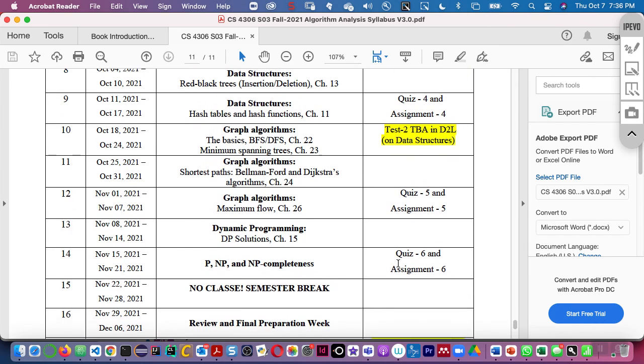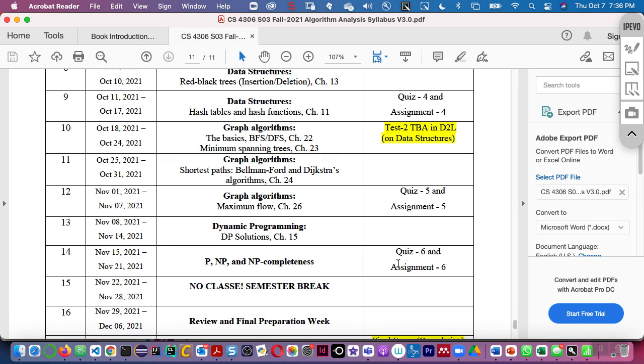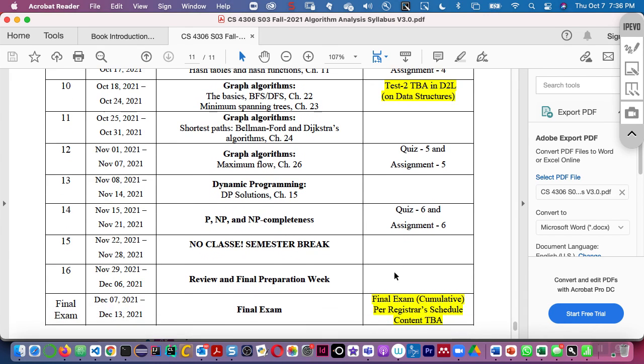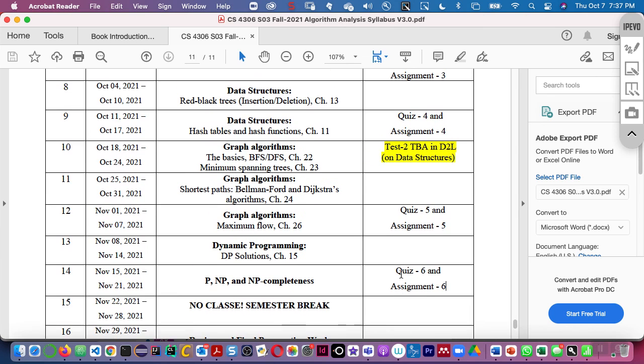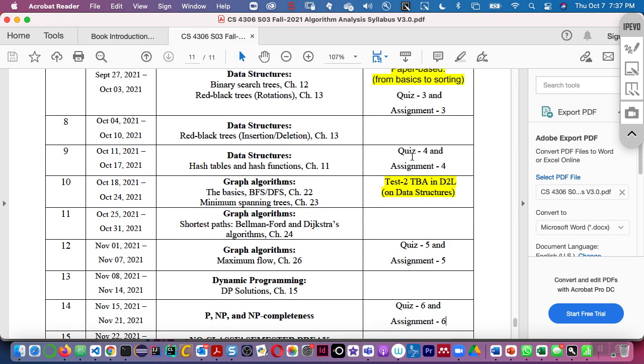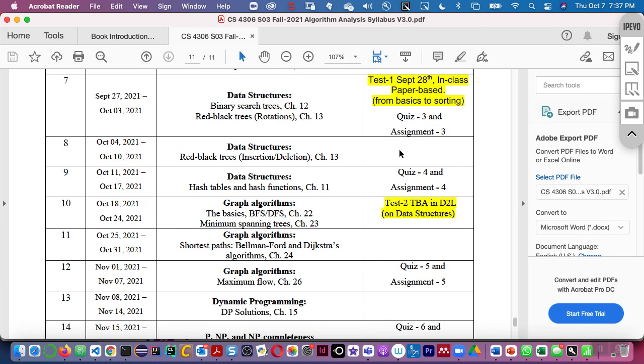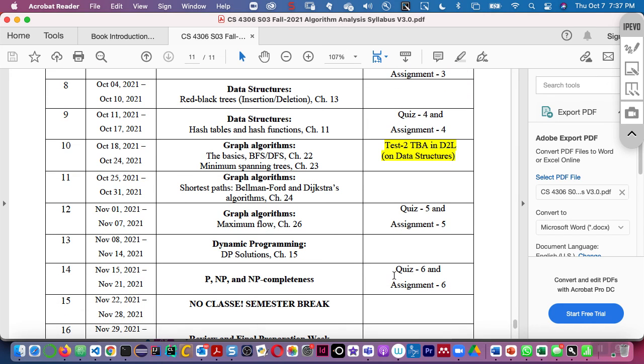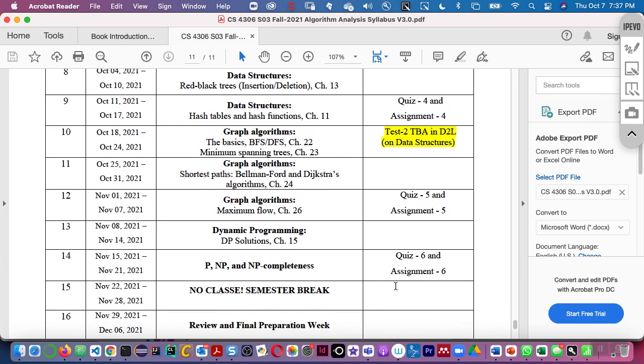But if I don't have time, if you ask me to push back, and then if I cannot give 6 assignments, then all 5 will be graded. Okay. So if you would like to push it back, then there is a possibility that in 1 week there will be 2 quizzes, in consecutive weeks we will have 2 quizzes, or quiz 6 will be missing.